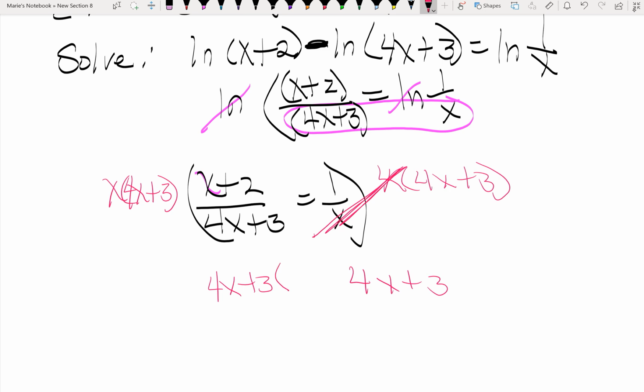On this side, actually no, this will cancel this way, my bad. So this is x times x plus 2. Now you just distribute, so you get x squared plus 2x is equal to 4x plus 3.